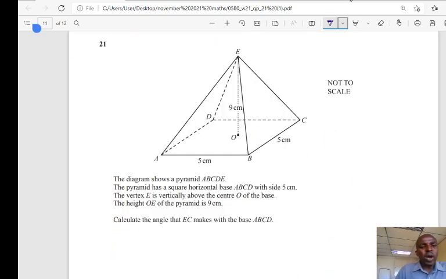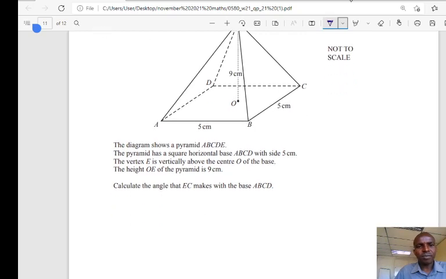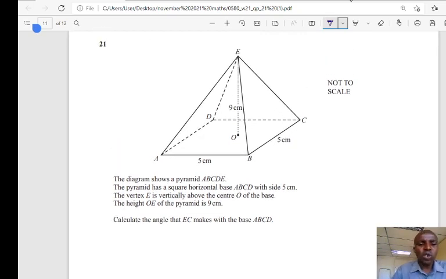Next, question number 21. The diagram shows a pyramid ABCDE. The pyramid has a square horizontal base ABCD with side 5 centimeters. So it's a square base, and it's flat, horizontal. Then the vertex E is vertically above the center O, which means there is a 90-degree angle.